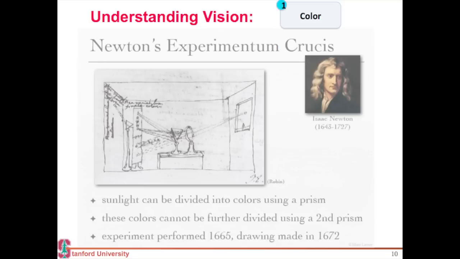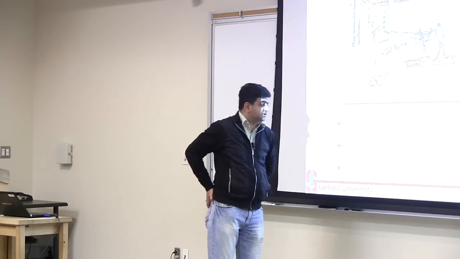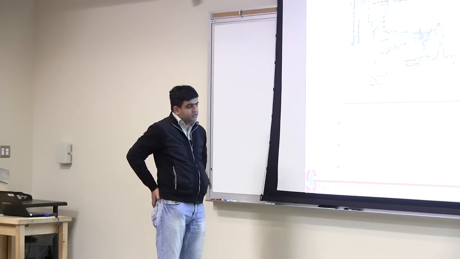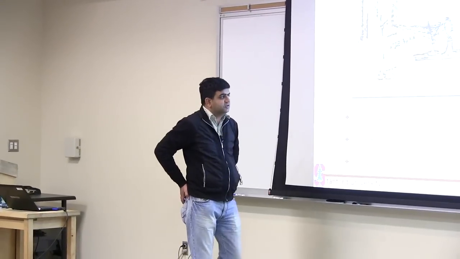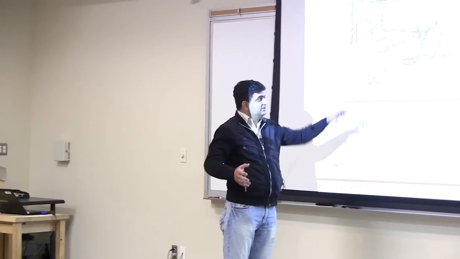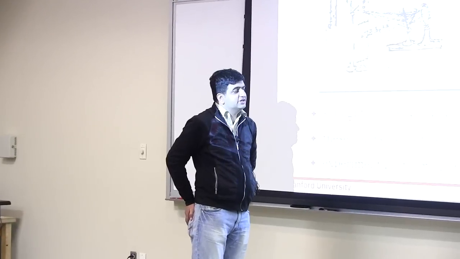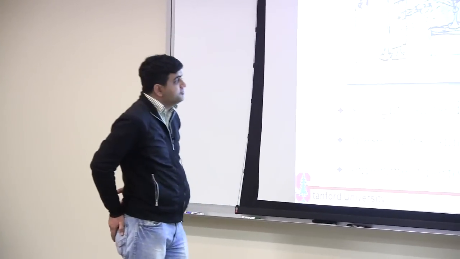What it involved was you pass sunlight through a prism and it splits into a set of colors. If you pass one of those colors through a second prism, it does not split further. In a follow-up experiment, he combined these different colors using another set of prisms, and then he could regenerate that light.